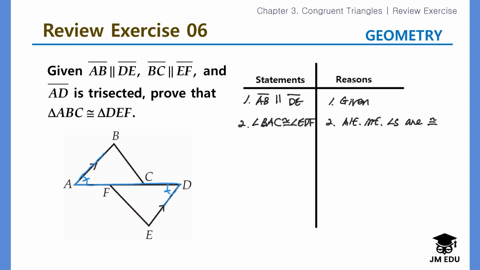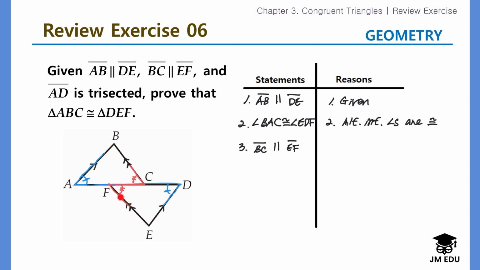Number three, we're going to start with another given. Here BC is parallel to side EF, right? So this side right here, BC, is parallel to EF. So if two sides are parallel, then look at this red line right here. If I drew that line like that, do you see that these two angles right here are congruent? They are alternate interior angles, right?